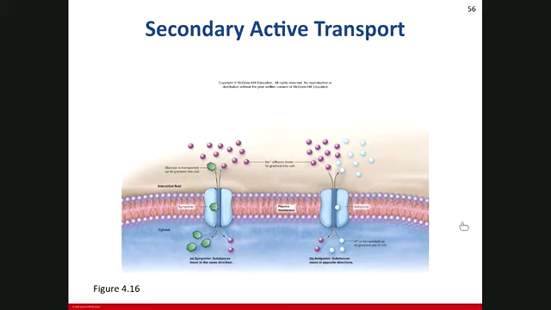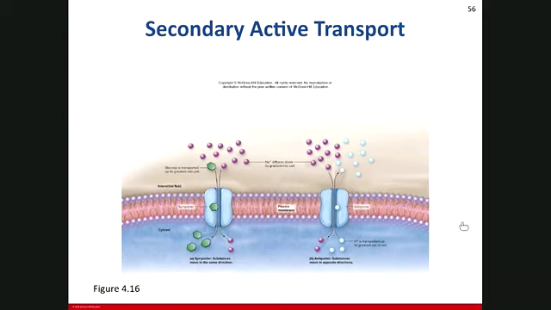The sodium concentration gradient has potential energy, and this is the potential energy which is converted to kinetic energy when sodium ion moves into the cell down its concentration gradient. We have two types of secondary transport.